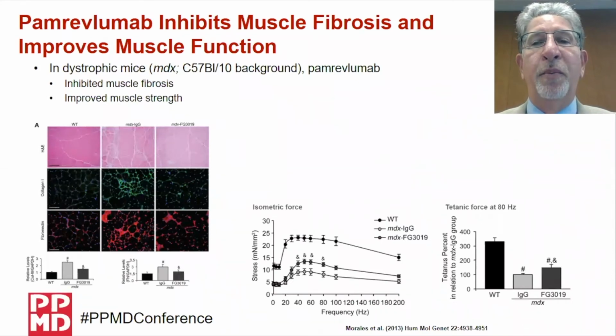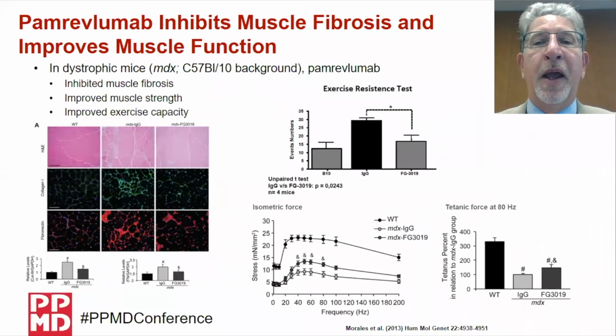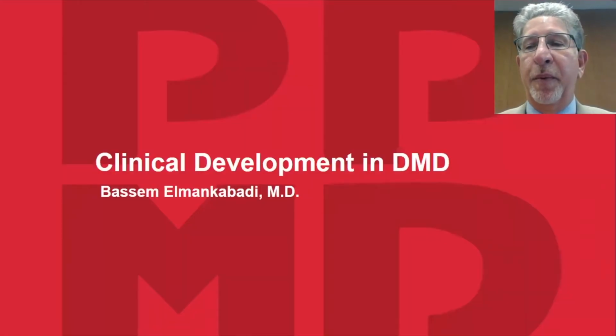This led to improved muscle strength and improved exercise capacity, as demonstrated by the fact that mice that were put on a treadmill stopped running less often if they were treated with Pamrevlumab than if they were treated with placebo IgG. And so at this point, I will turn over the podium to my colleague Bassem Mankabati, who will tell you about the regulatory and clinical program for Pamrevlumab.